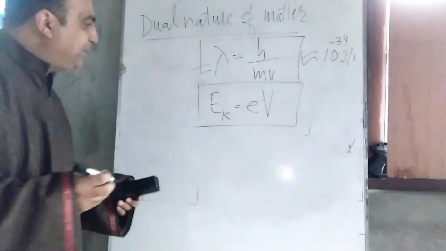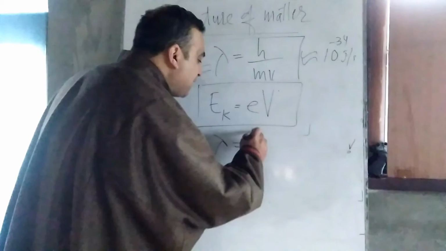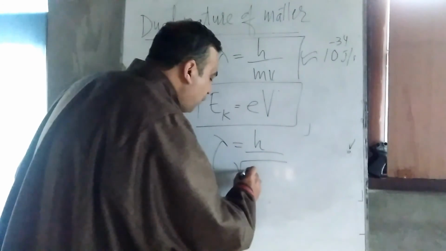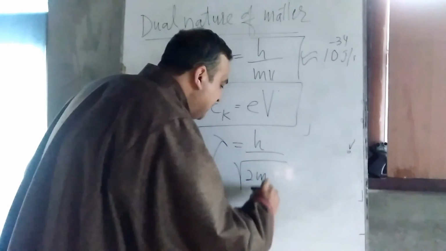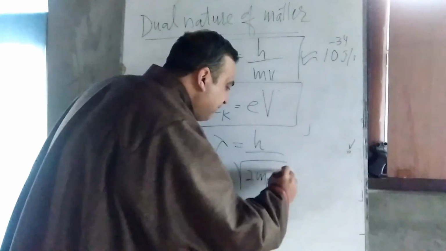So what's going to happen? Your lambda will come out to be h by under root of, was that 2mp, and instead of Ek, I will write eV.